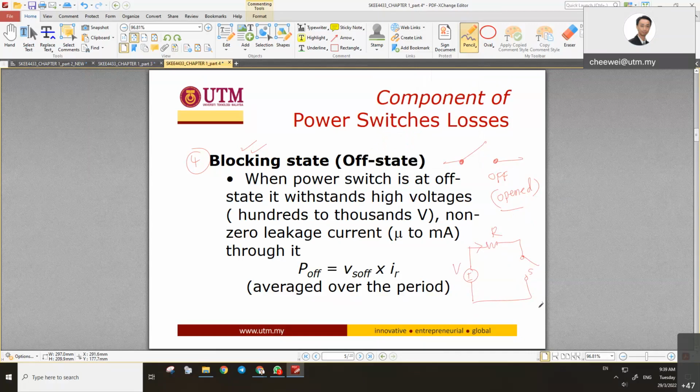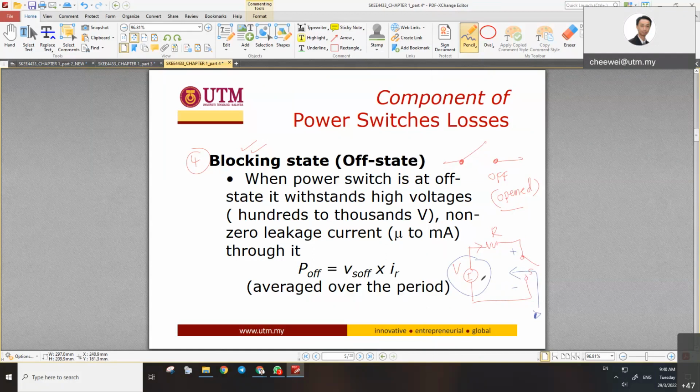If you look from the switch, any voltage drop? Yes, this is called the open circuit voltage. And this voltage equals to? The source voltage, because there's no current, right? So the voltage across the switch equals the voltage of the supply.